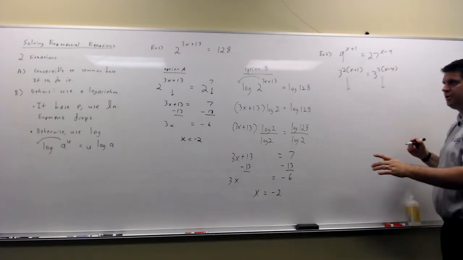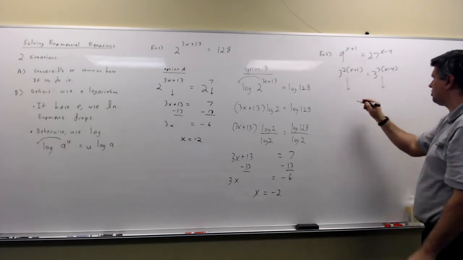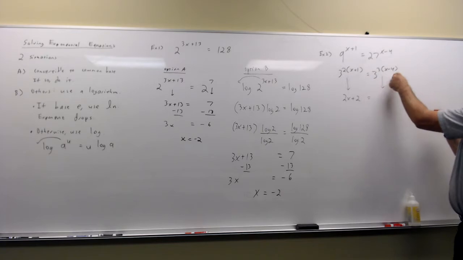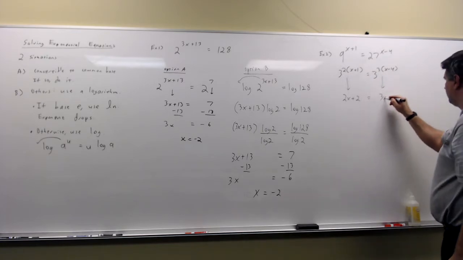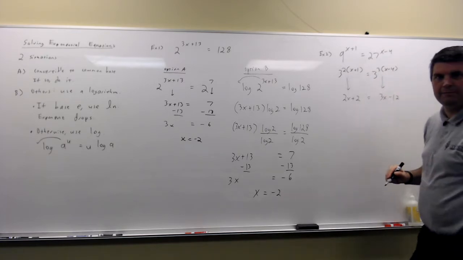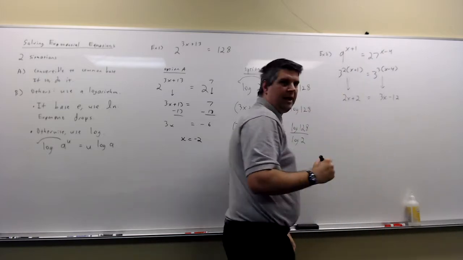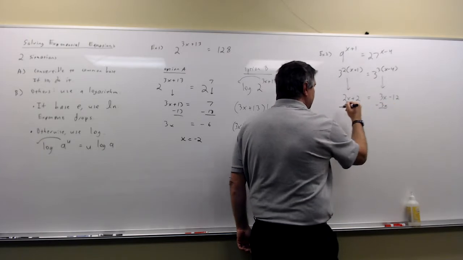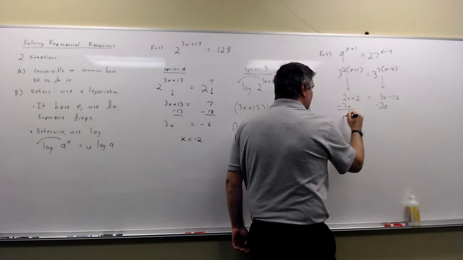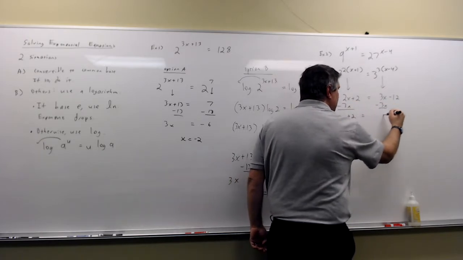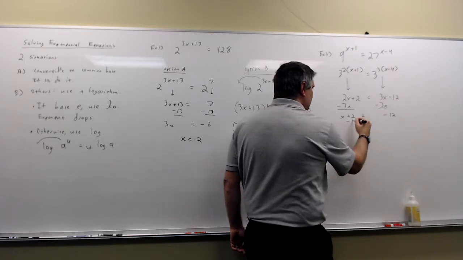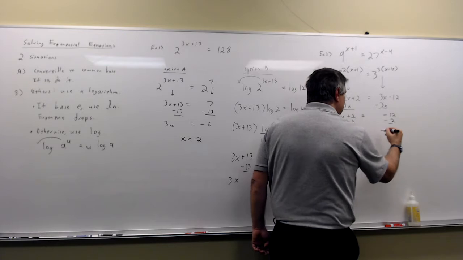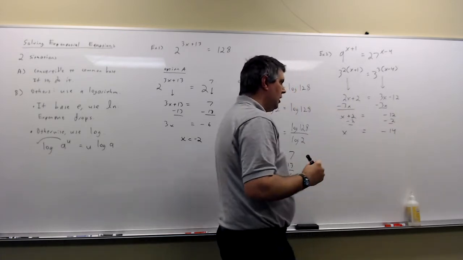I'll go ahead and do the distributive property. 2x plus 2 equals 3x minus 12. I've got x's on both sides. I don't like that, so I'll subtract the 2x. x plus 2 is negative 12. Subtract your 2, subtract your 2. x equals negative 14.